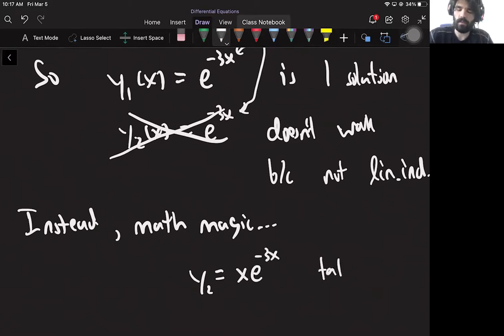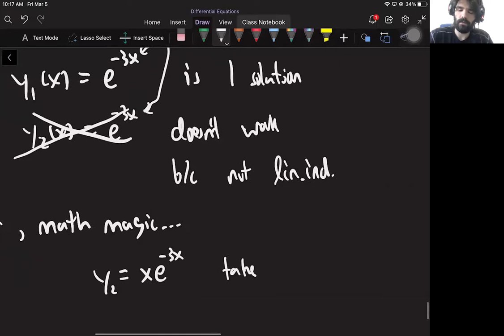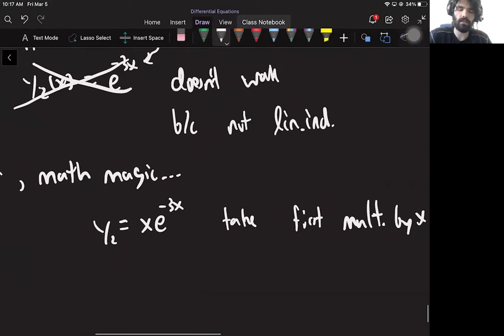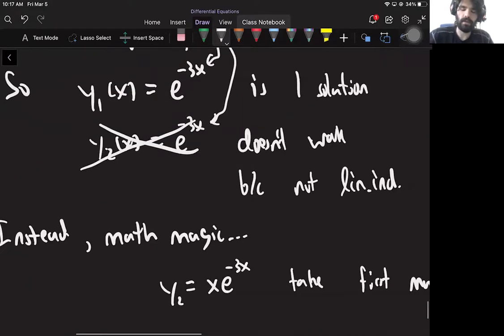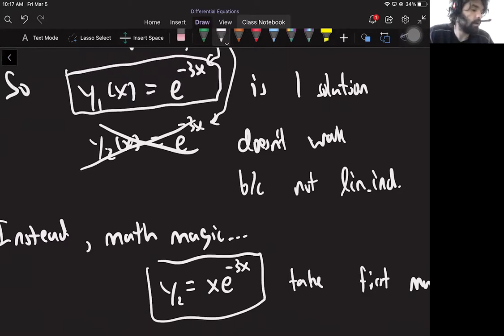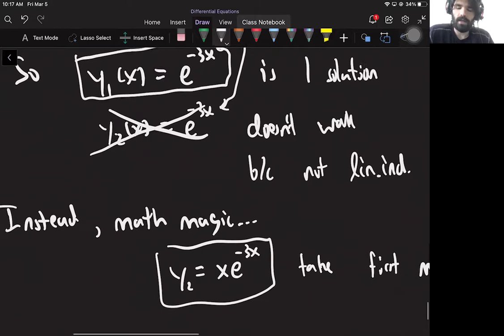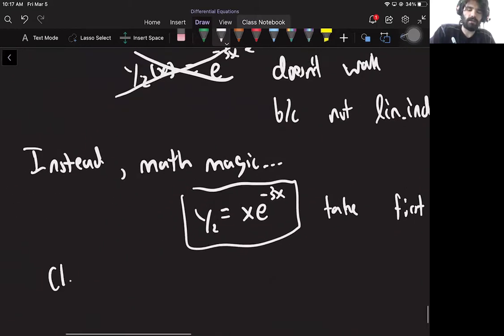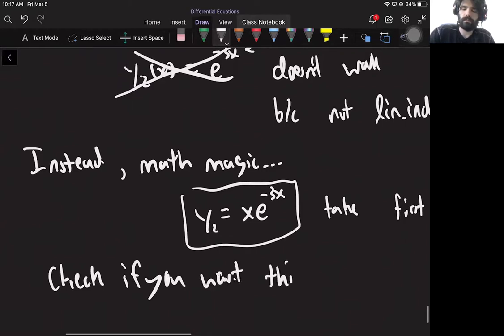So you just take the first, multiply by x, and that'll get you a second one. And these are linearly independent. These two things are linearly independent. They are not constant multiples of each other. And you can check that this is a solution if you want. But it is.